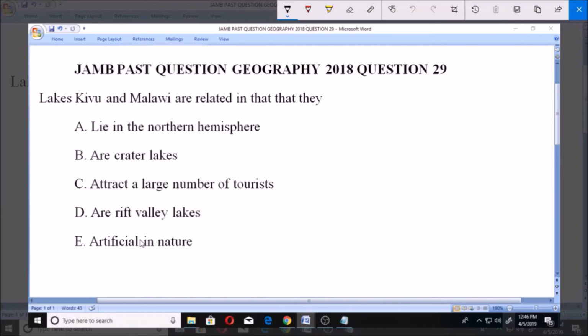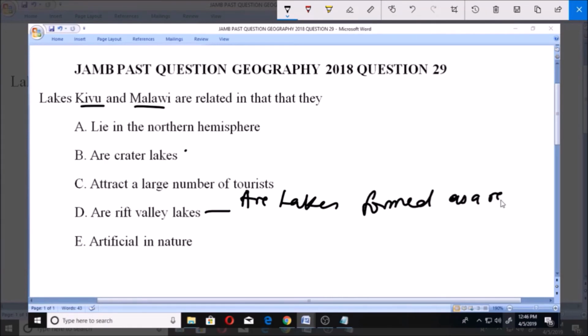So whenever we hear about rift valley lakes, which is associated with Lakes Kivu and Malawi, rift valley lakes are lakes formed as a result of faulting. You understand? So this faulting gives rise to valleys by the sinking of land between two parallel faults.